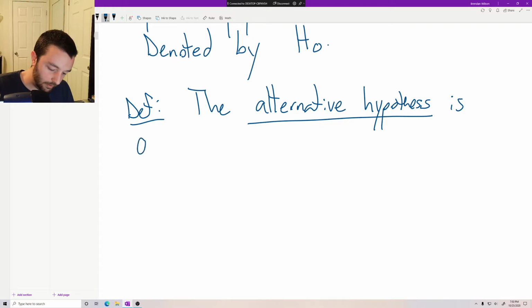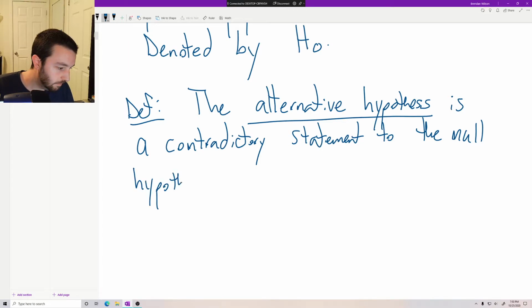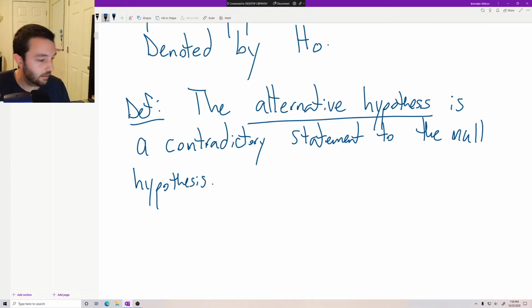The alternative hypothesis is a contradictory statement to the null hypothesis. Okay. So these should be two contradictory hypotheses.